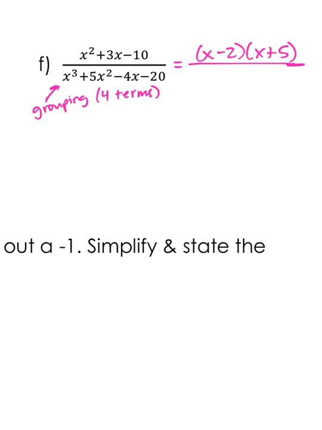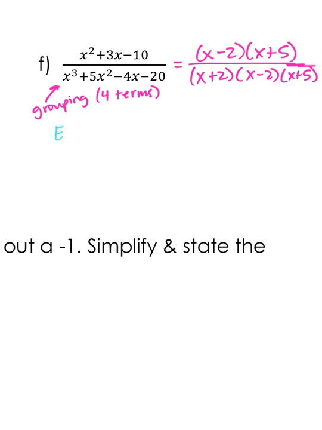So that's going to end up giving me x squared minus 4 times x plus 5. And then we would continue factoring x squared minus 4 to x plus 2 and x minus 2. And then we would still have that x plus 5.